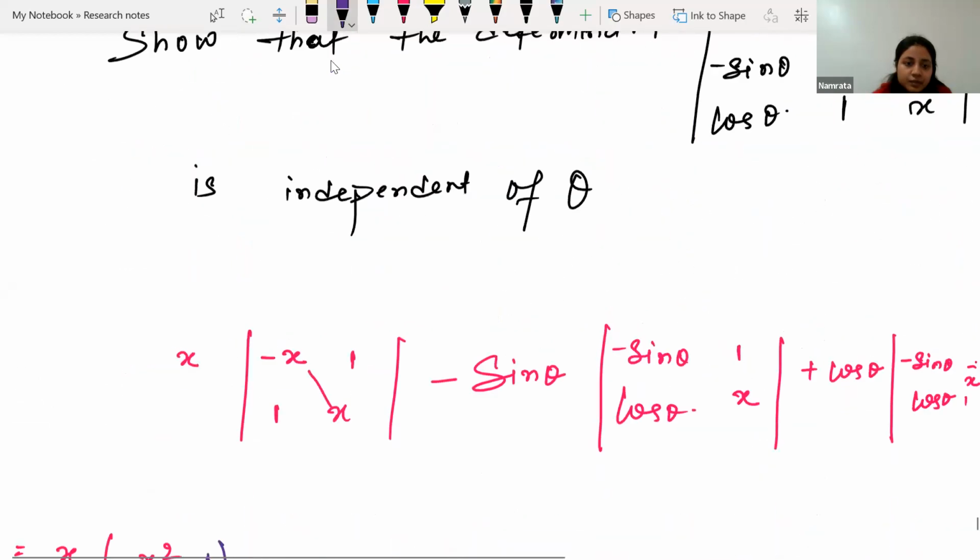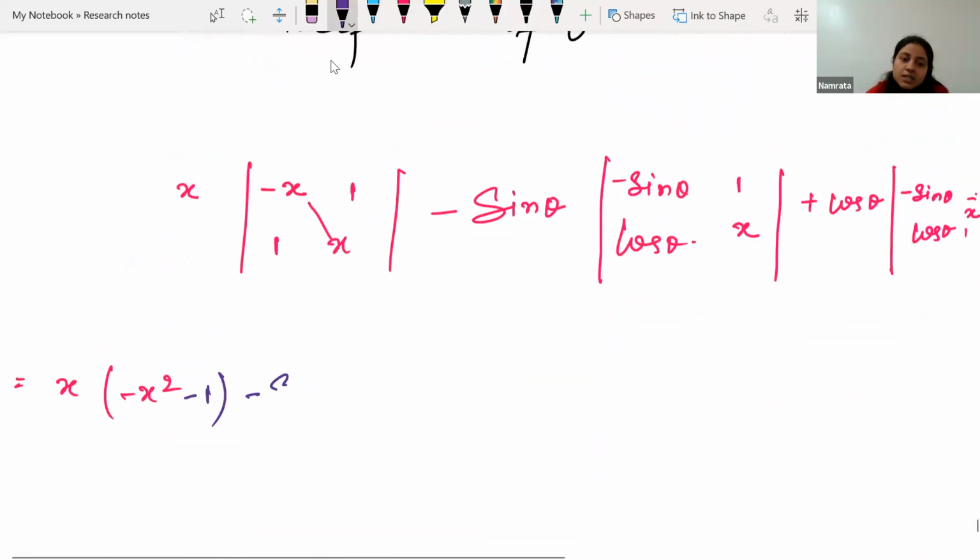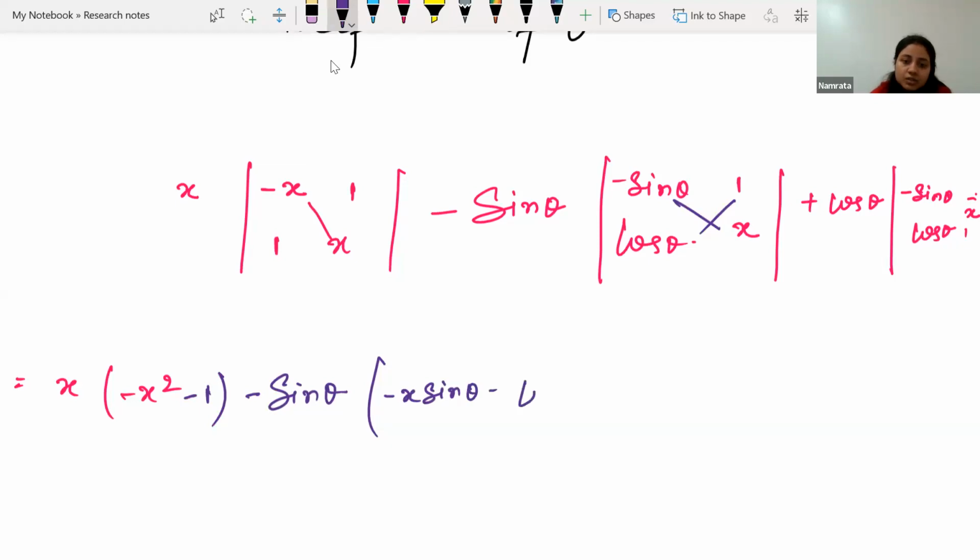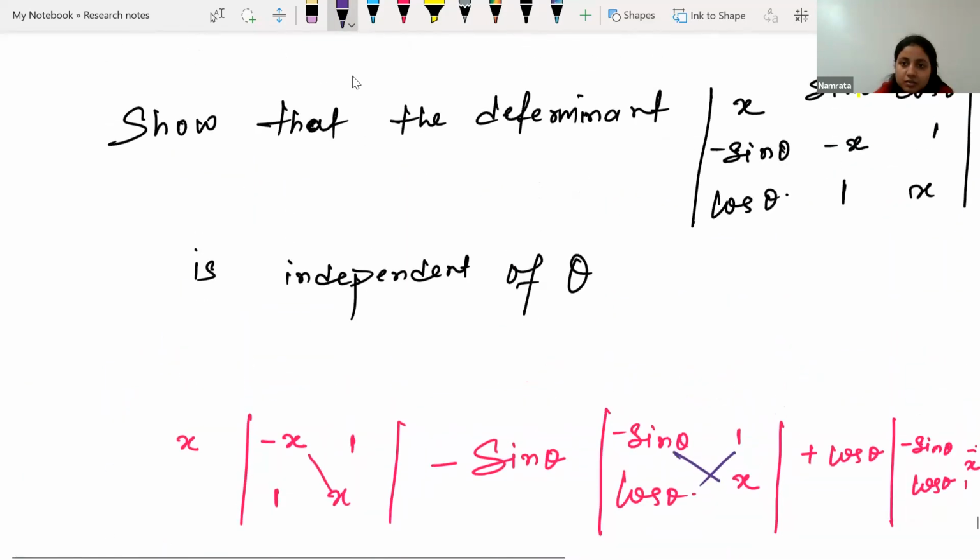Yeah, here minus sine theta, we will do crisscross multiplication like this. So minus x sine theta minus cos theta plus cos theta. Here we will have minus sine theta, and then minus, here we have minus x, plus x cos theta. If you check over here, we have nothing but these four: minus sine theta cos theta minus x, 1.